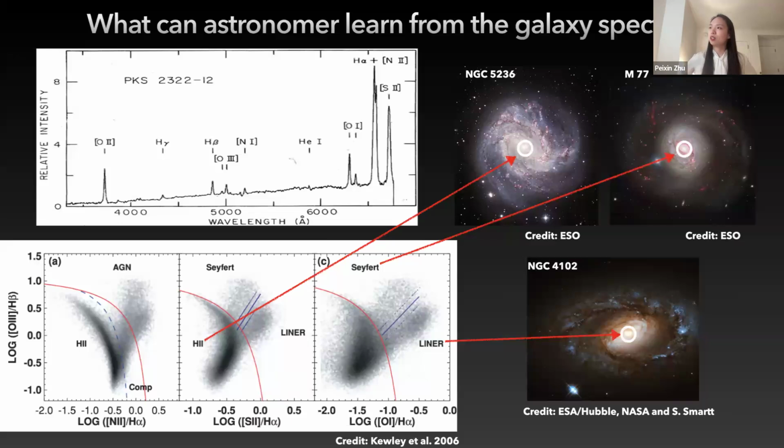This is work that was done in 2006, almost 20 years ago, where people studied the most prominent emission lines from the galaxy spectrum. On the top left, I'm showing an example galaxy spectrum. Here you can see the brightest emission lines are marked, including the hydrogen H alpha and H beta.